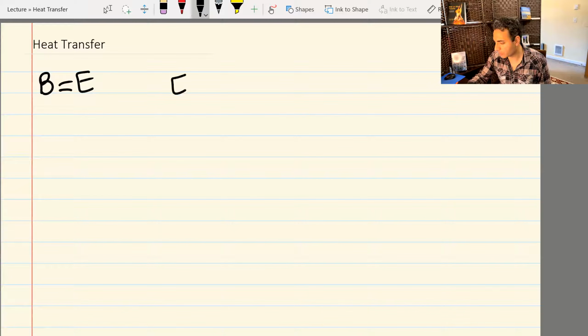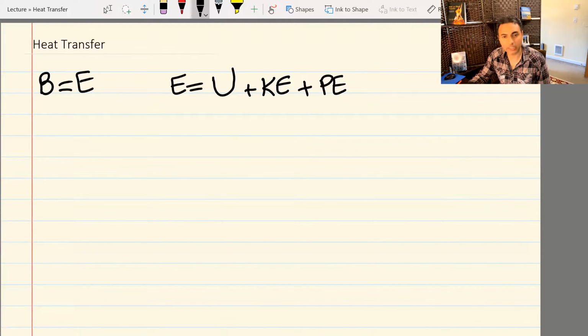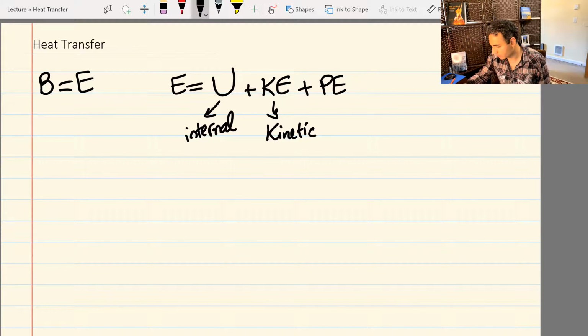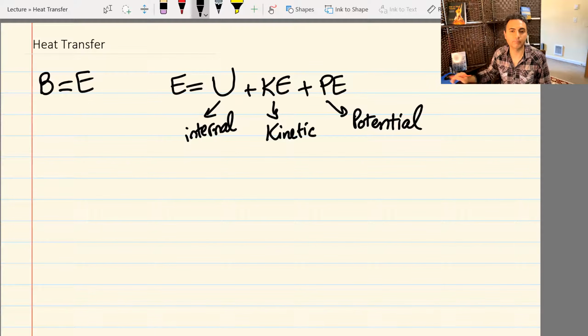Energy is a combination of 3 things: internal energy plus kinetic energy plus potential energy. So if you're taking notes, write that down. This is the internal energy, that's the kinetic energy, and that's the potential energy. It's a combination of these 3.